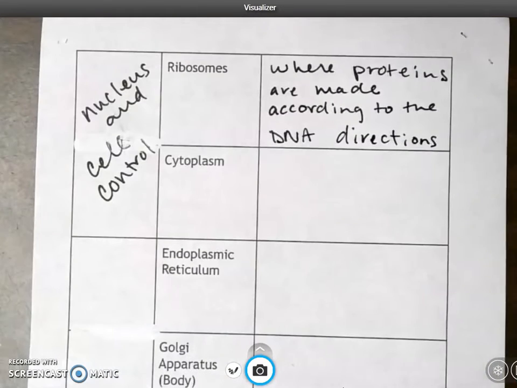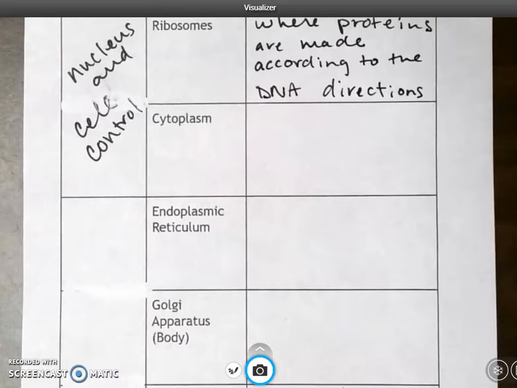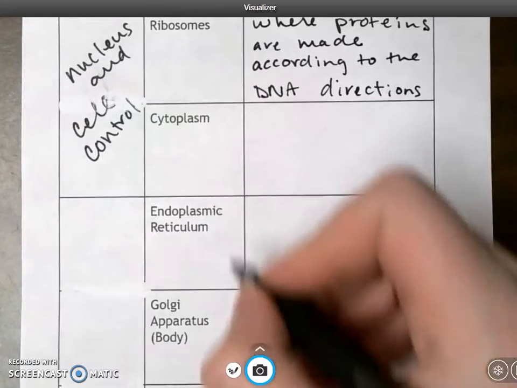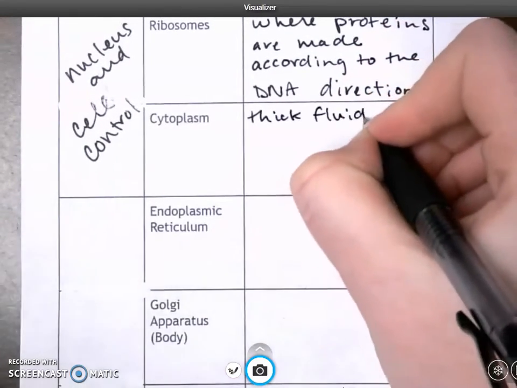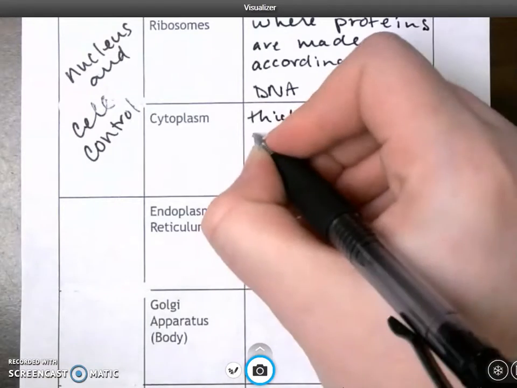So the DNA tells it what proteins to make, how many of them to make, and when to make them. Okay, and moving on to the cytoplasm. This is the thick fluid outside the nucleus.